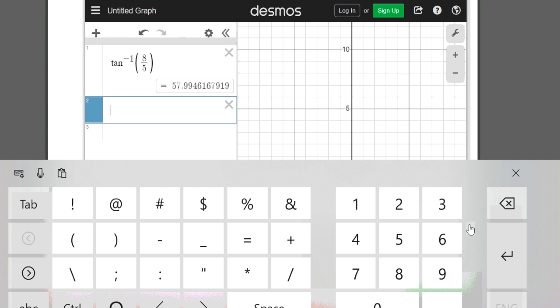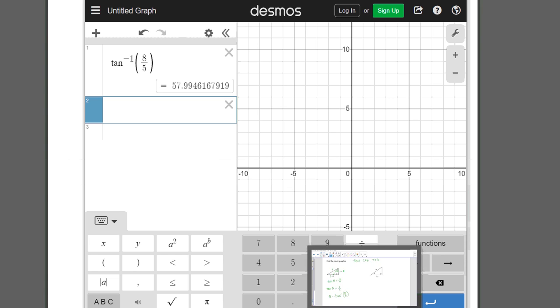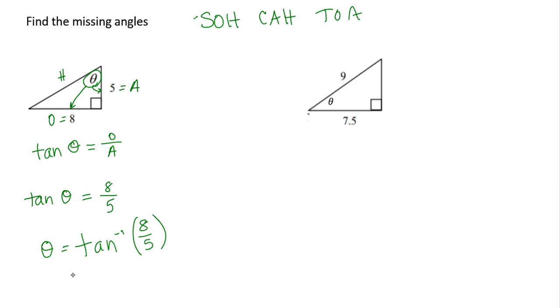Enter. Looks like 57.99, which actually will round to 58. Can't round to tenths place. So theta equals 58.0 degrees. Okay, next one.